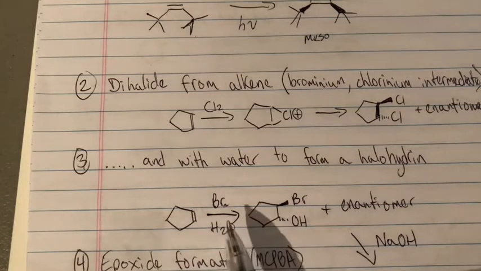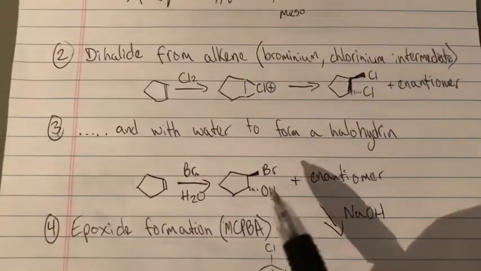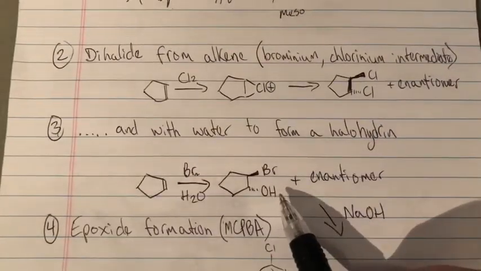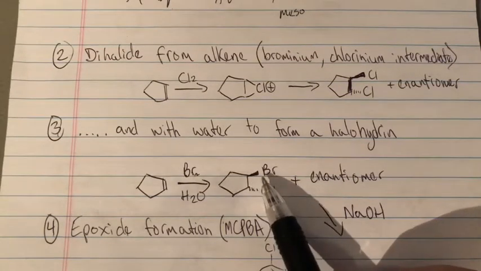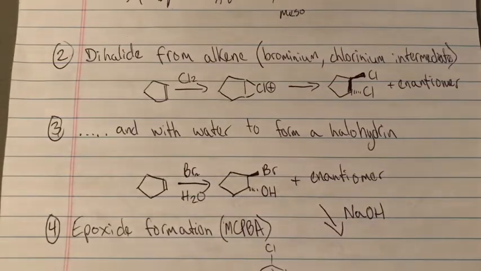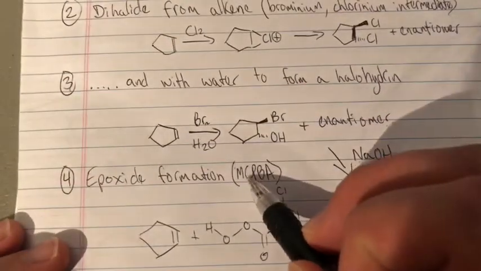So if you can recall back from chapter 10, I believe, if you were to deprotonate this and work it up under heat, this can actually cyclize and boot this good bromo leaving group off. Again, chloro is also going to be a good leaving group, so you'll form an epoxide that way. A more straightforward way of forming an epoxide is using MCPBA.